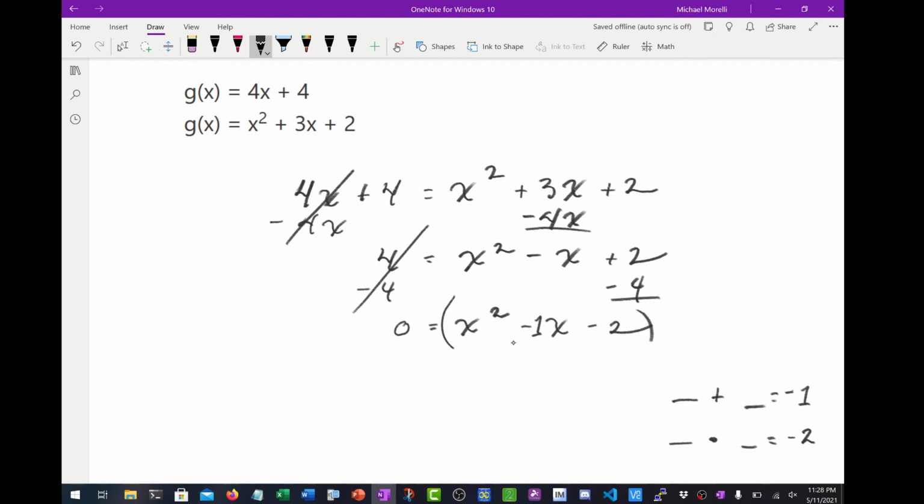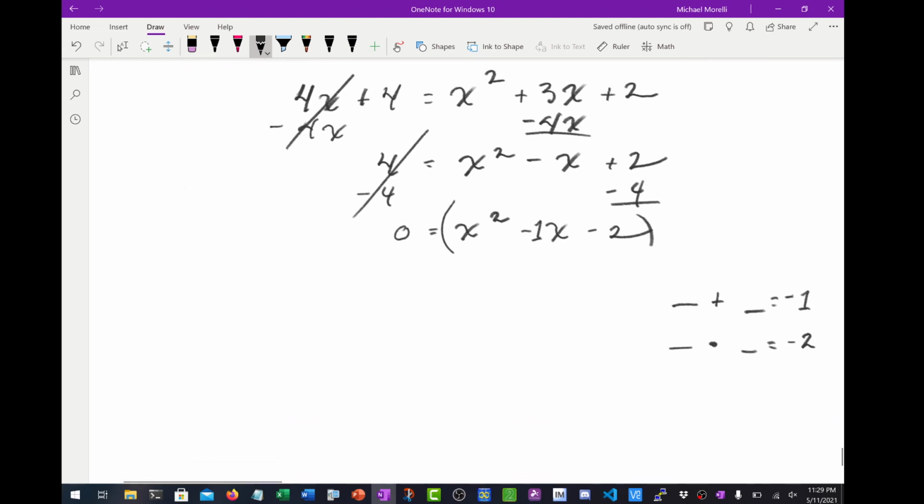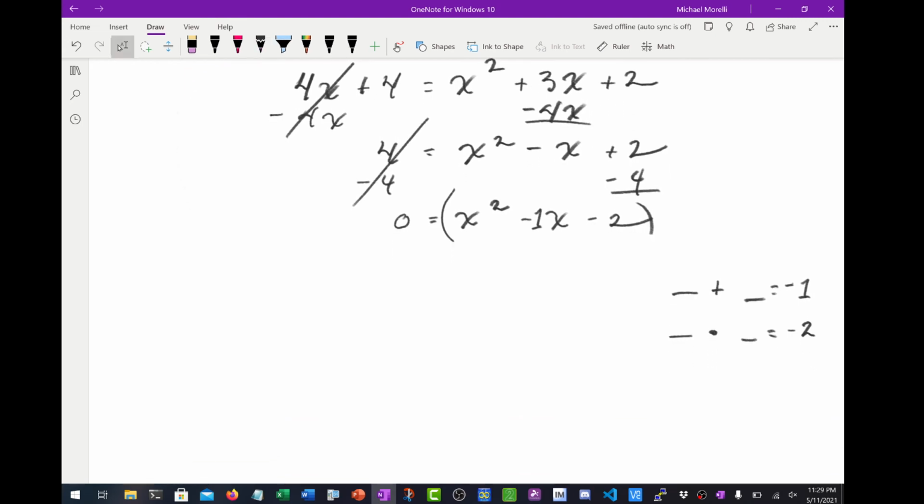Let me think about it for a minute. If I take -2 and break it down, I can do 1 and -2.